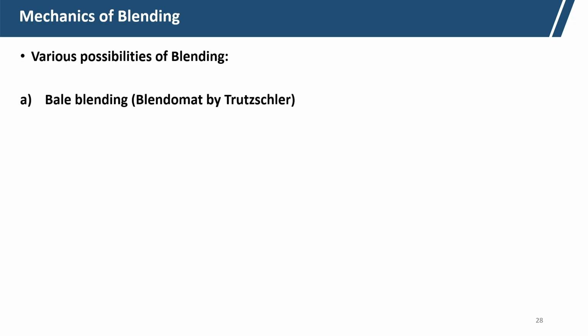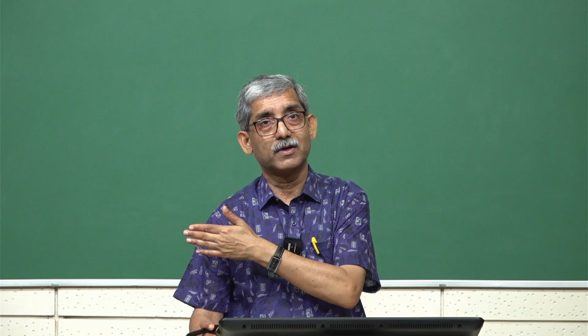One is blending at the bale form, bale blending. Blendomat by Trützschler is a very popular method where the fibers are collected directly from the bales and mixed together. From different bales the fibers are continuously plucked and blended.